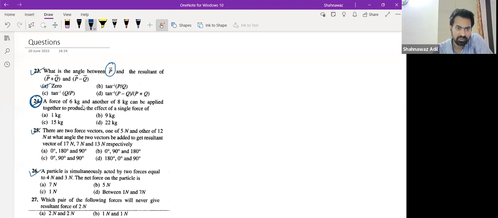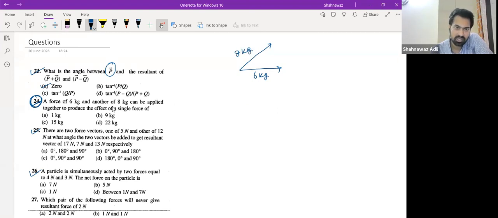A force of 6 kg and another of 8 kg can be applied together to produce the effect of a single force of. So we have this 6 kg force. Force would be in Newton, so 6 into g, so 6g force, right? And let's say we have this 8 kg force.